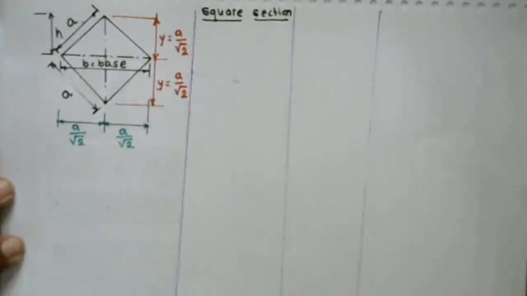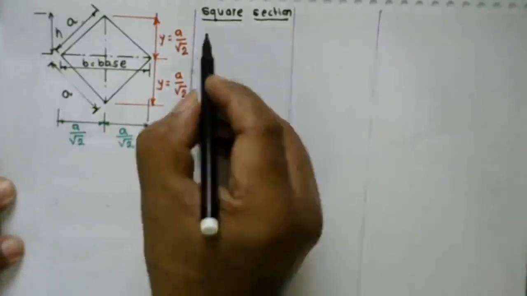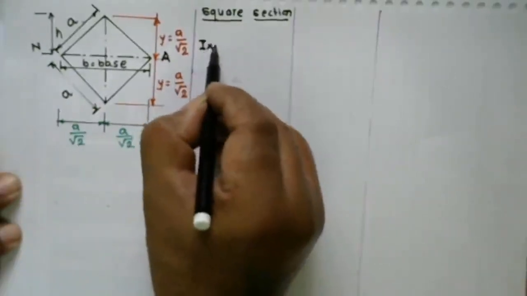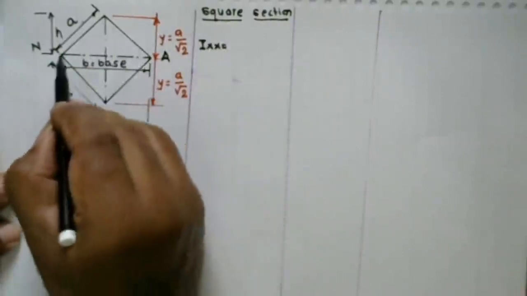Now the next section is the square section. In that square section, a is the base of that section, and in that case Ixx is about this neutral axis. Here it becomes two triangles, this one triangle and another triangle, with a common base.